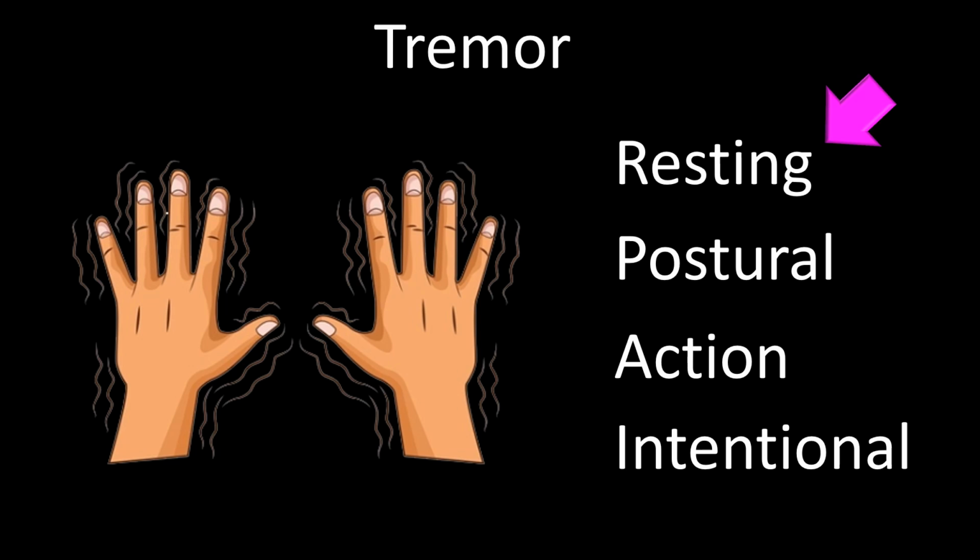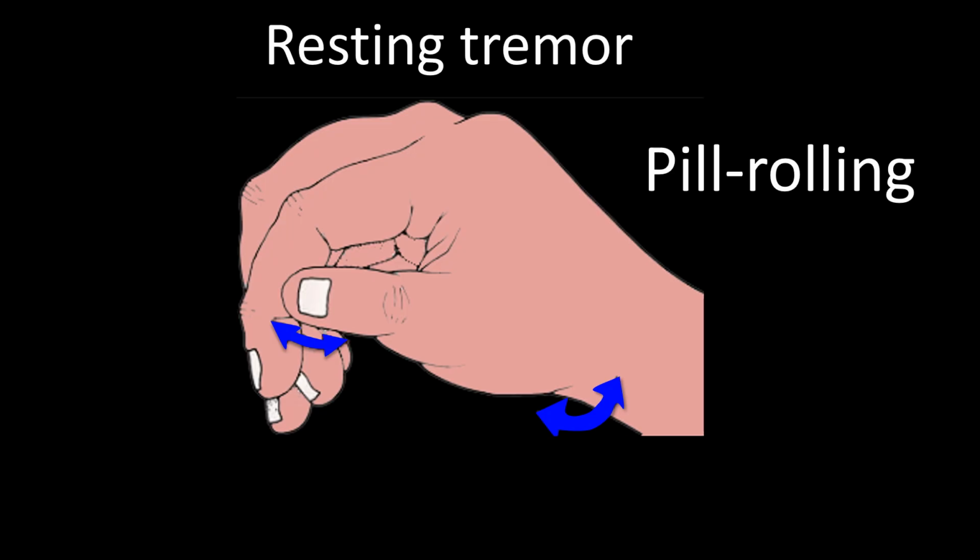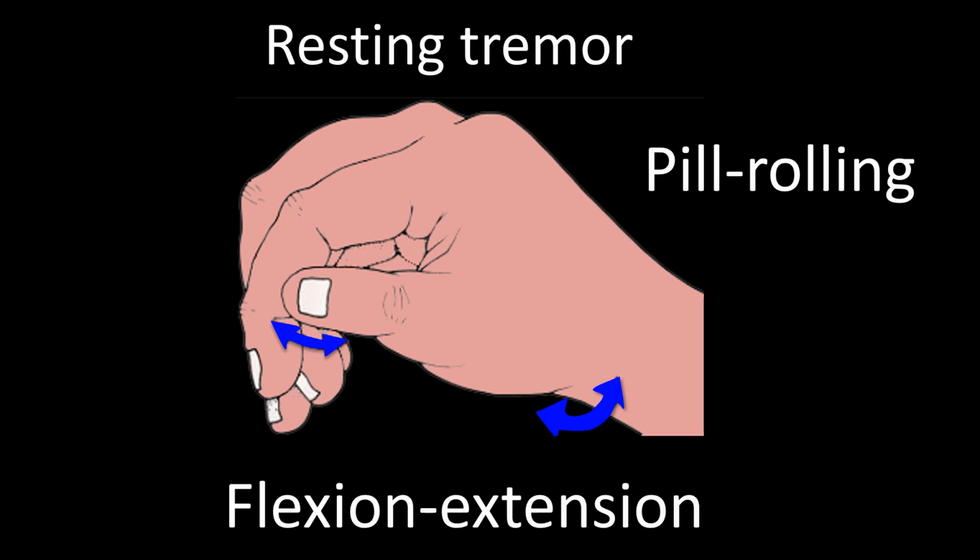We will first talk about resting tremor. Resting tremor is often referred to as pill rolling tremor because the tremor resembles a person rolling pills between the index and the thumb. Resting tremors most of the time consist of flexion extension movements at the wrist and fingers.